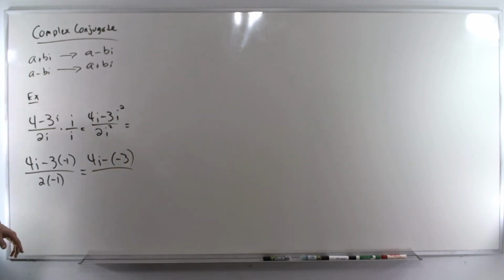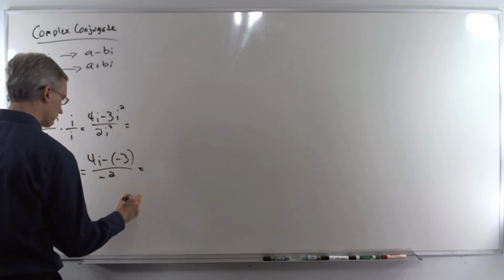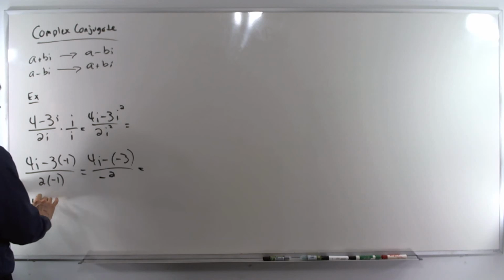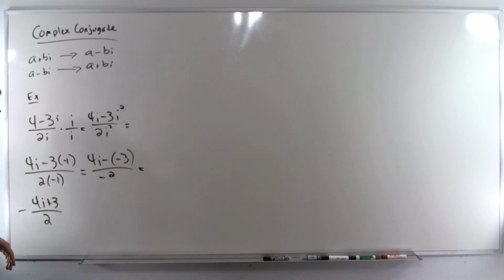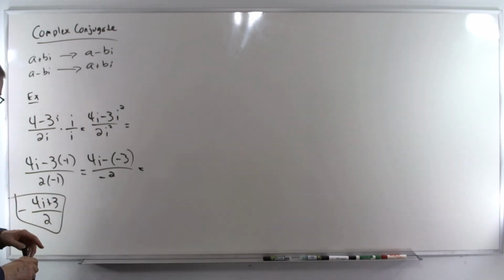So that gives us 4i minus negative 3 up top and negative 2 on the bottom. So we get negative 4i plus 3 over 2.